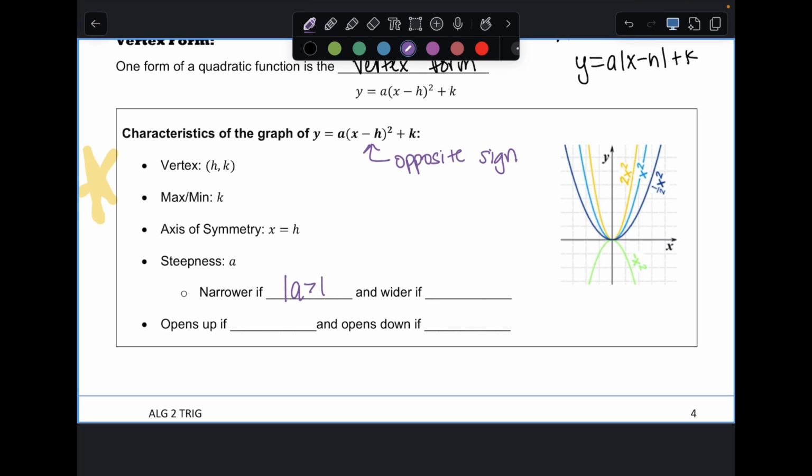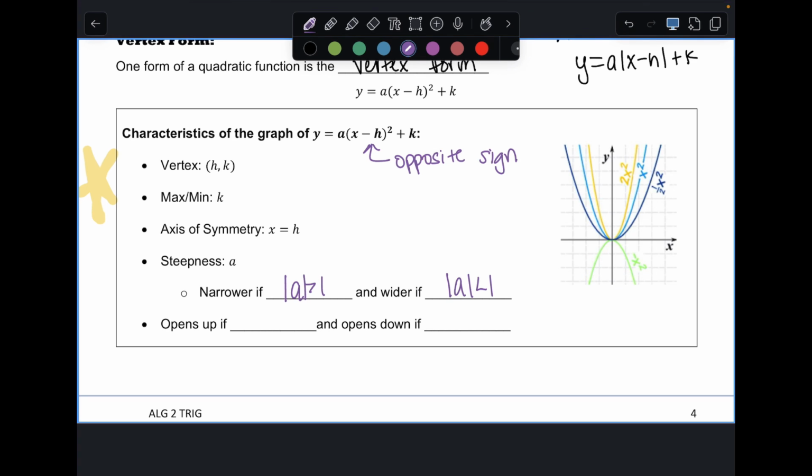Or, to include negatives, let's make the absolute value of A greater than 1. Meaning it's a whole number, or a fraction bigger than 1. That's when we're going to vertically stretch. We're going to vertically shrink when the absolute value of A is less than 1, like in this 1/2 situation. It's wider. We compressed it.